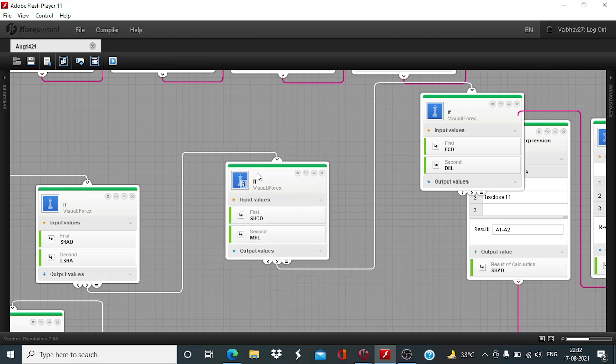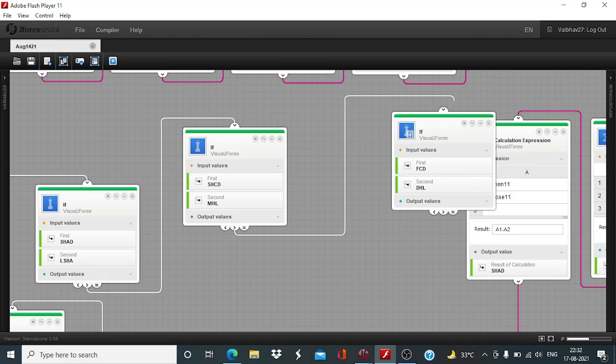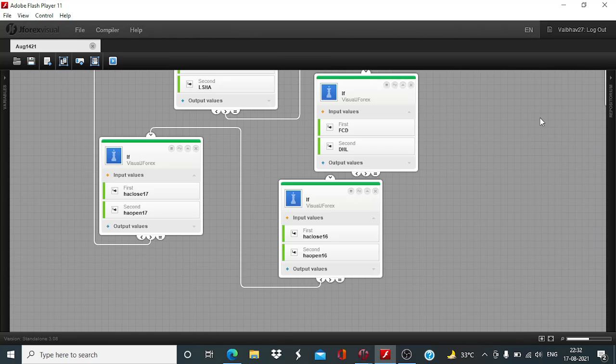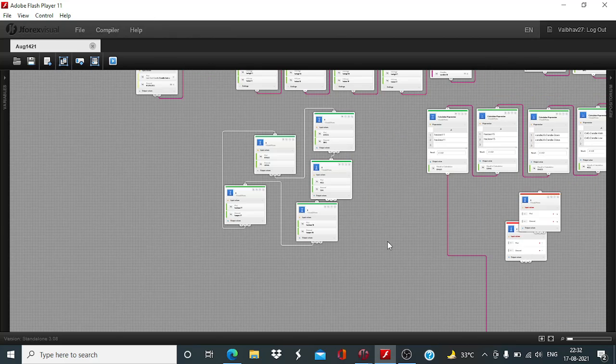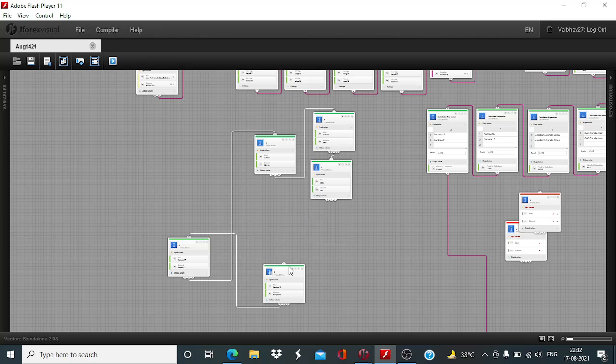Okay. So with this, we have defined these 5 conditions.